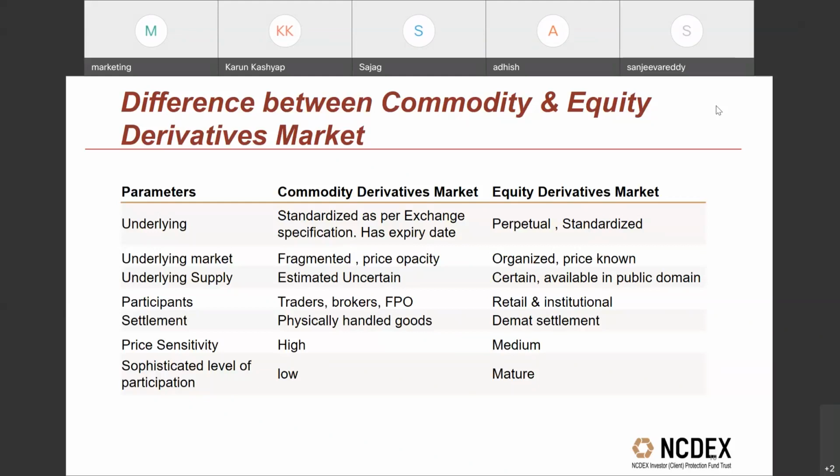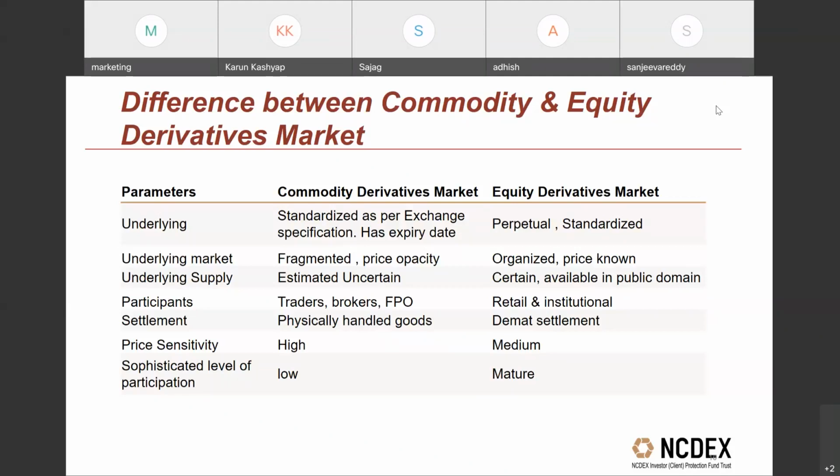But in equity there is a constant supply. A promoter has to release a certain percentage of their holding into the market as free float, and that is a SEBI mandate. So for every listed company there has to be a definite supply of shares in the market, which remains constant. Only the hands change.